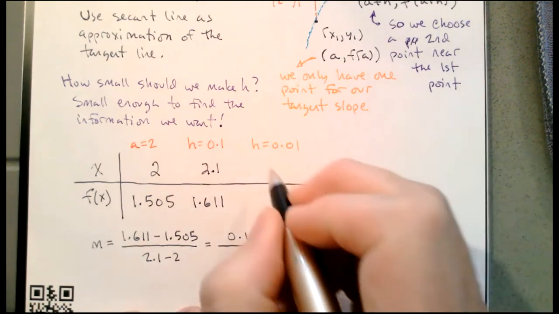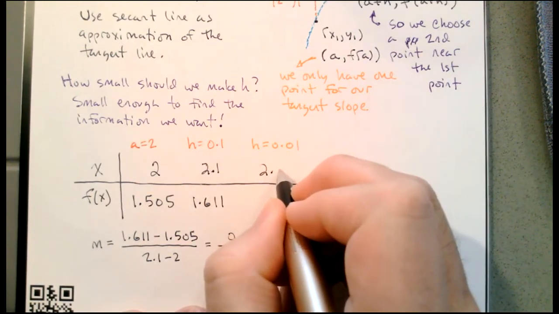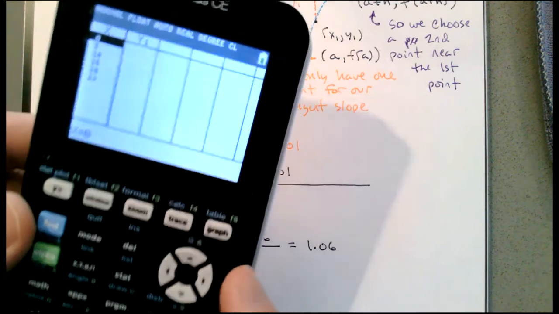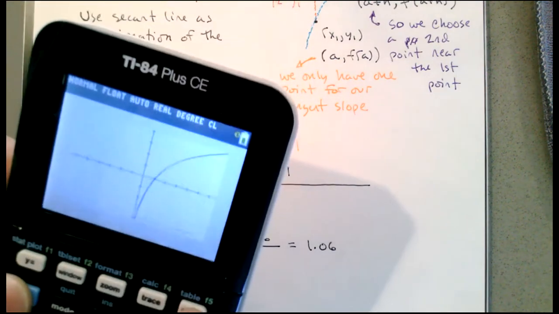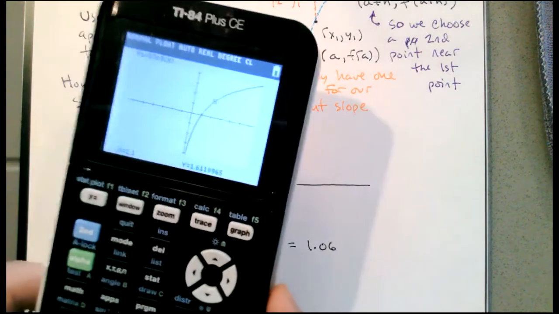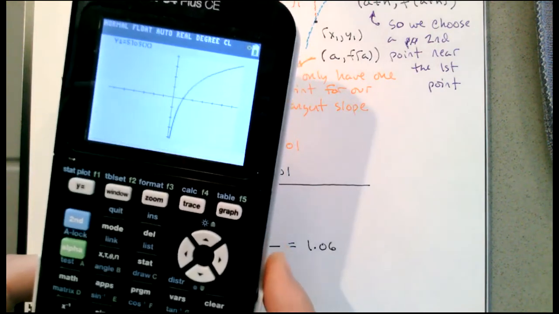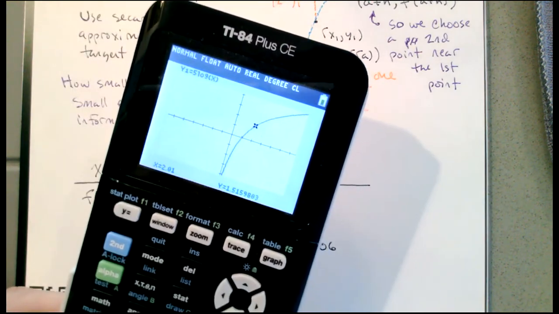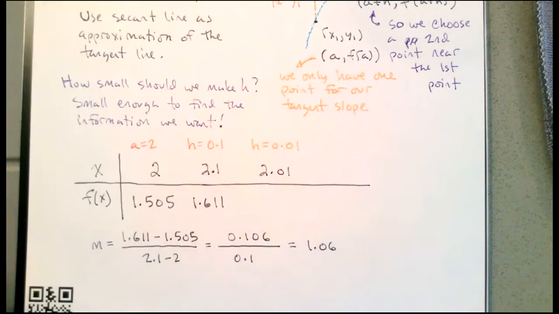So I'm going to evaluate the function at 2.01 and see what we get. I'll go to my graph and evaluate my function at 2.01. And so it's going to be 1.516.